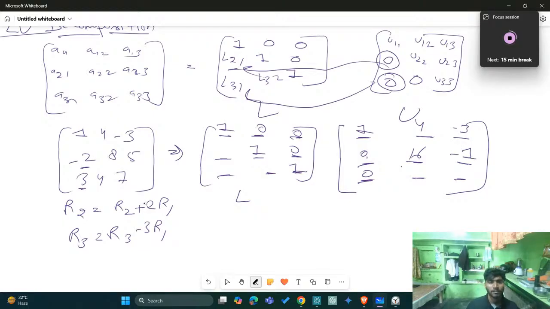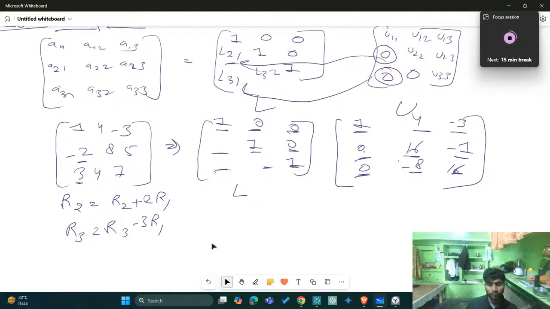Alright, then we are doing this minus 3R1. So this is 0, 4 minus 12, 8 minus 8, and 7 plus 9 is 16. This becomes 16.